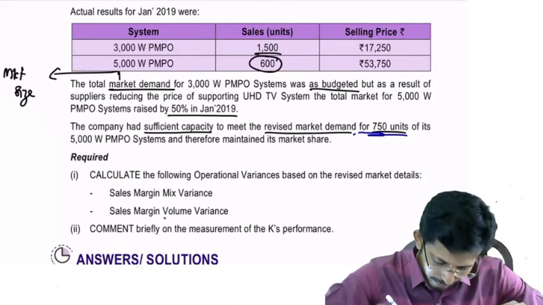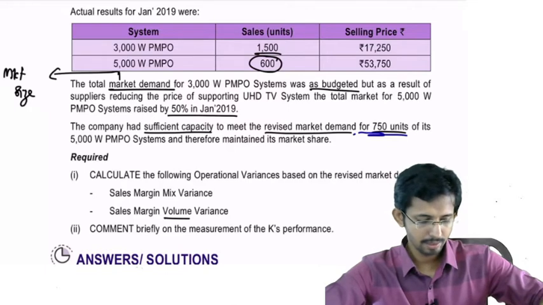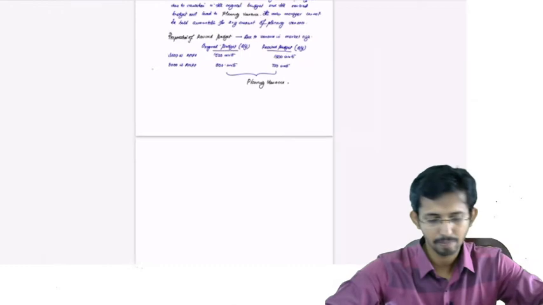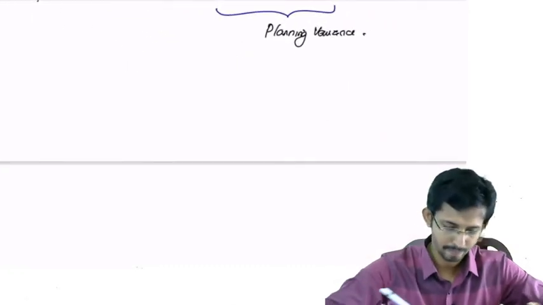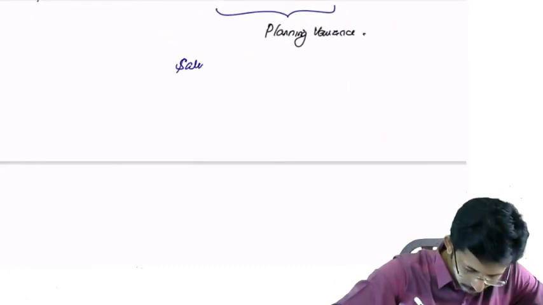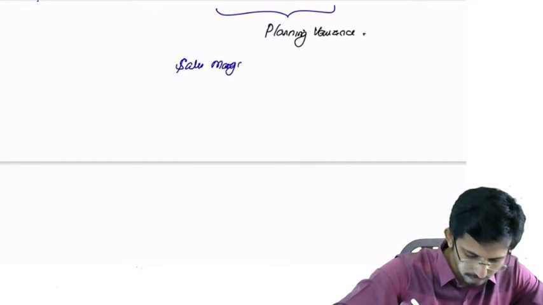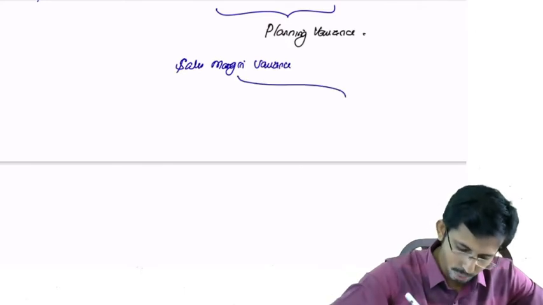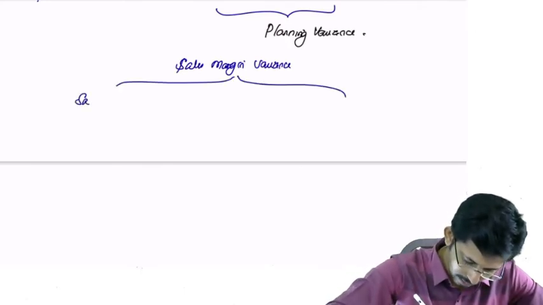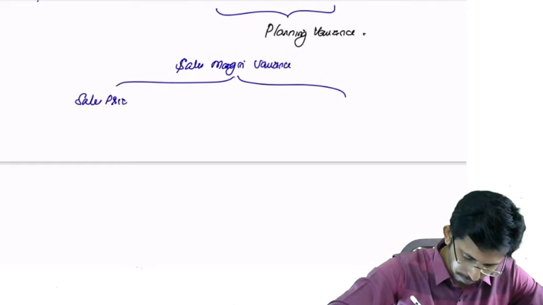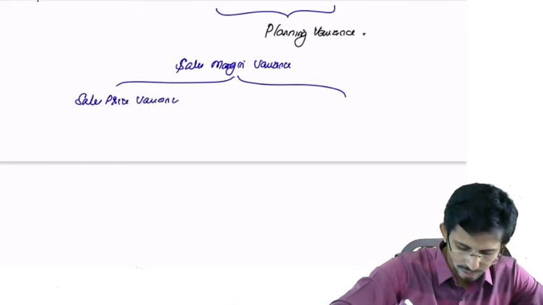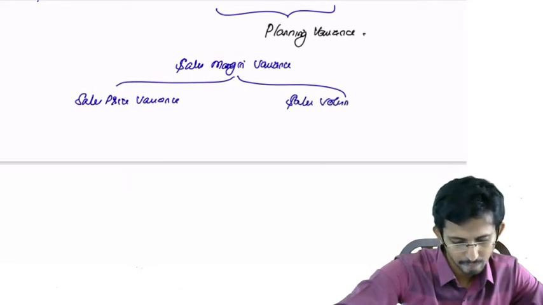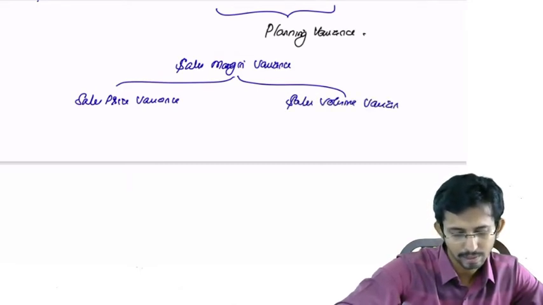Okay, if you remember, then you know that the sales margin variance has been divided into two: sales margin price variance and sales volume variance, right?